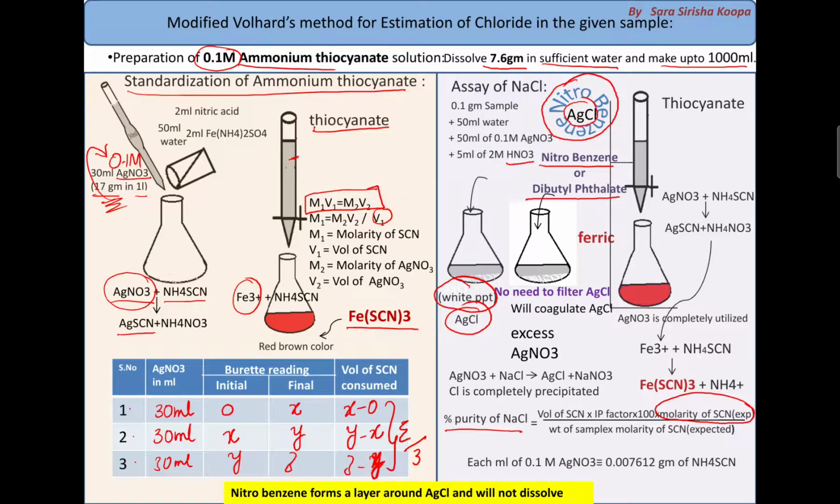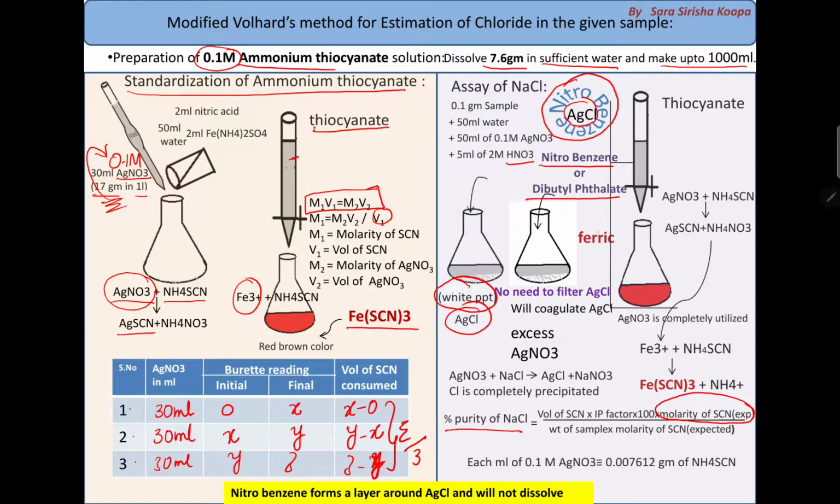In Volhard's method, we are filtering the formed silver chloride. But in modified Volhard's method, we are not filtering the formed silver chloride, that is the white precipitate. Instead, we are adding nitrobenzene to it, which results in formation of coagulated silver chloride, which results in formation of a layer around silver chloride.